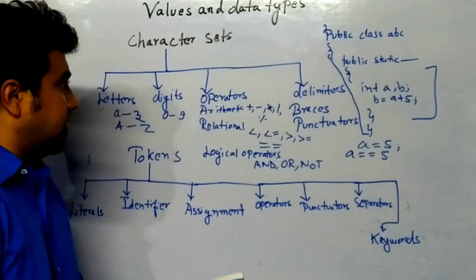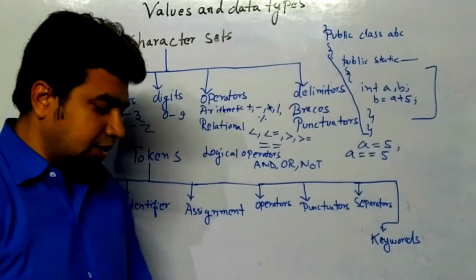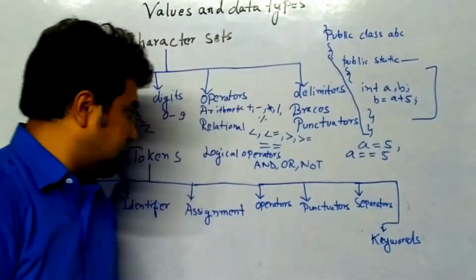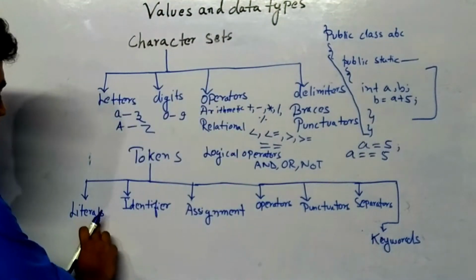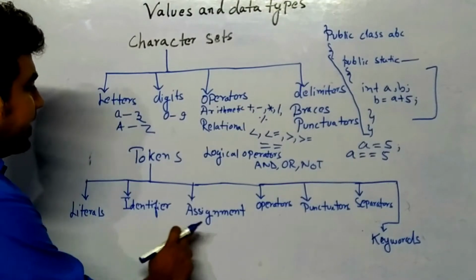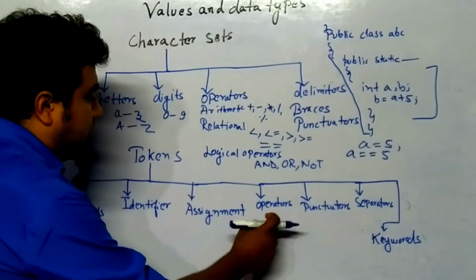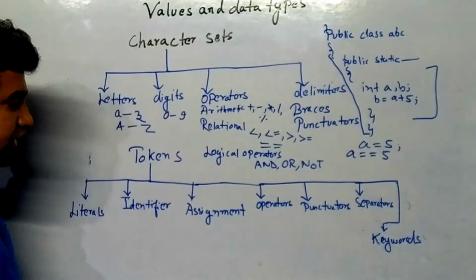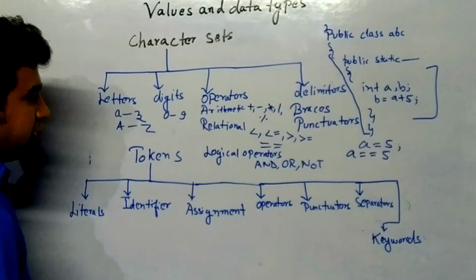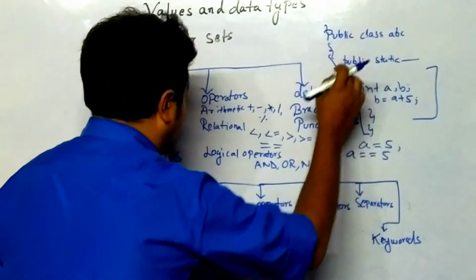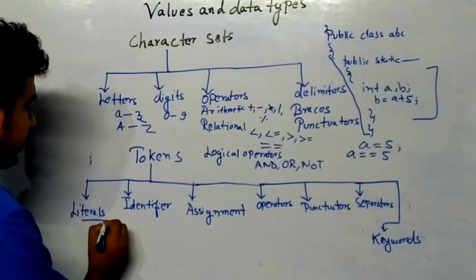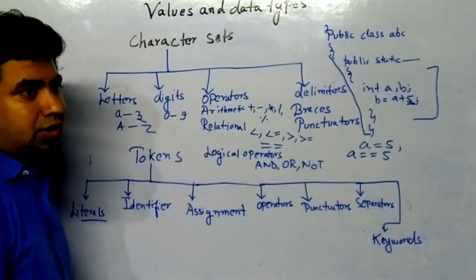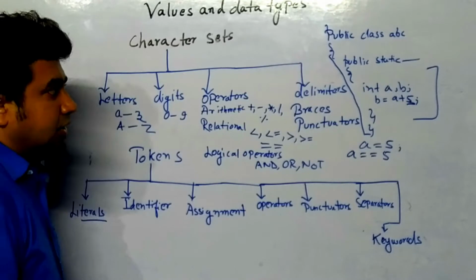So the first thing we are going to study is tokens. As I already said, tokens are literals, identifiers, assignment operators, punctuators, separators, and keywords. These are the tokens present inside this program. What are literals? This 5 is a literal, one value. Literals are constant values.